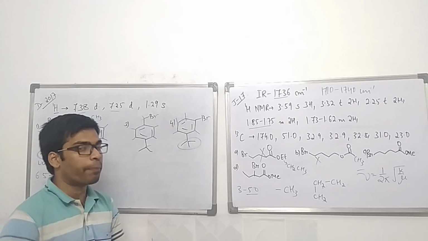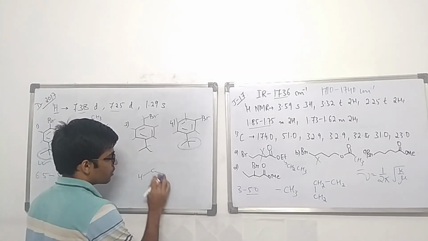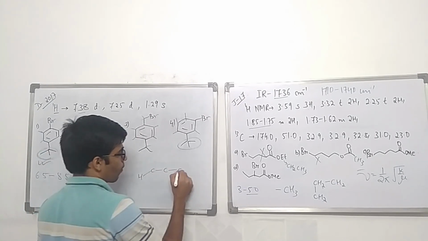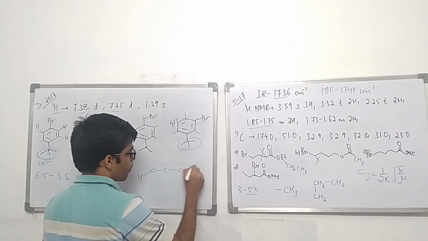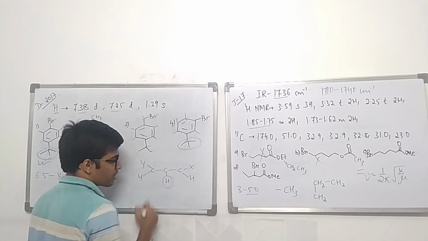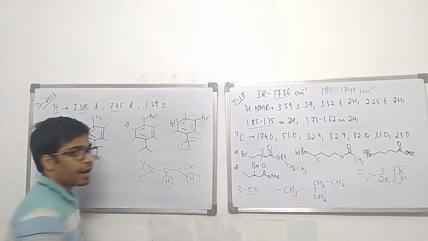Now a multiplet happens when the protons are attached, say for example, the proton of this carbon is experiencing 2 different types of protons on the neighboring atoms.